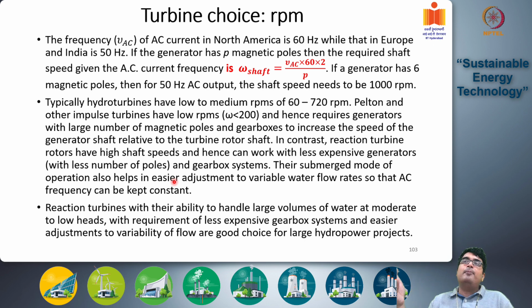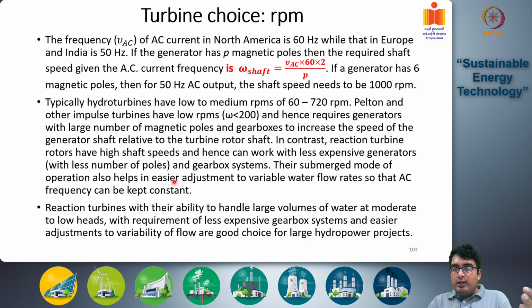Further, because it's a submerged mode of operation, the entire system is underwater, variable water flow can be more easily adjusted, and so you do not have to invest in an expensive gearbox system controller to respond to rapid changes in water flow.